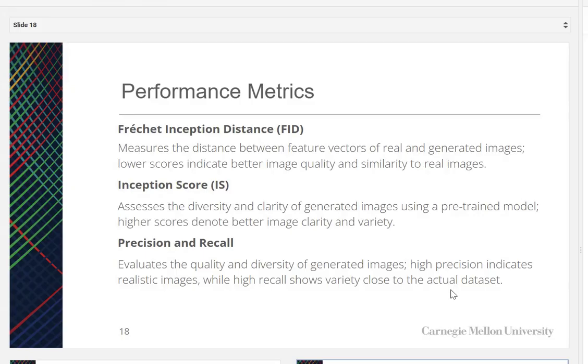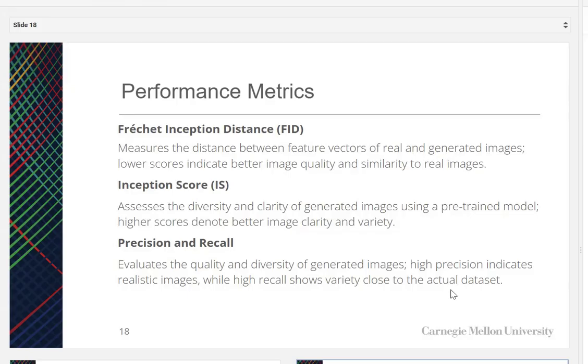This indicates that we are producing better image quality and similarity to real images. And the IS assesses the diversity and the clarity of the generated images using pre-trained models.